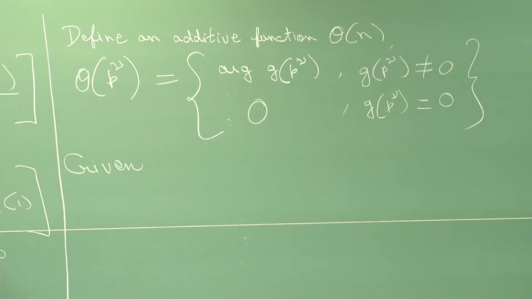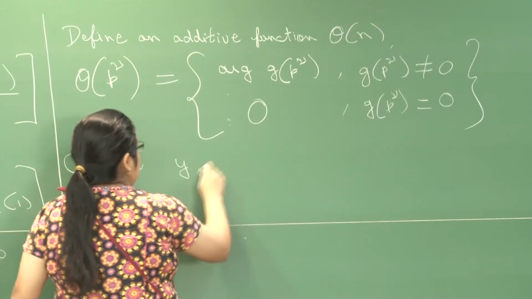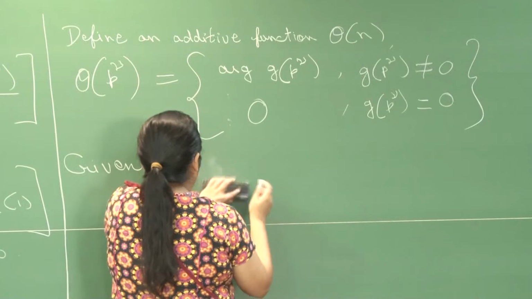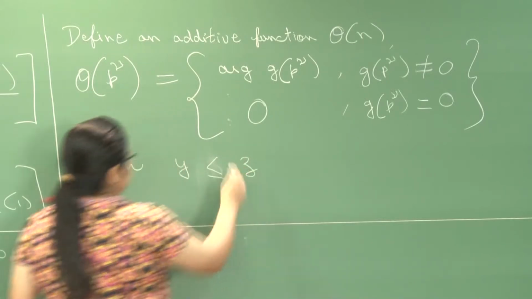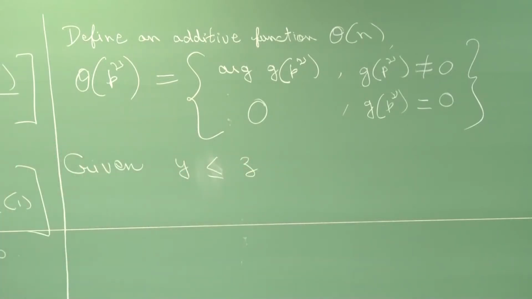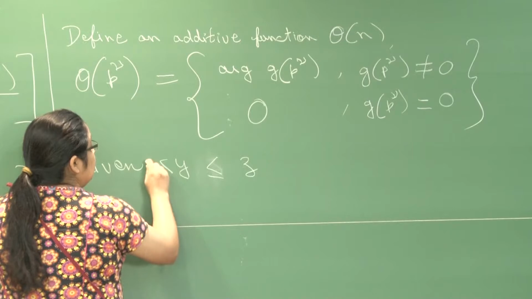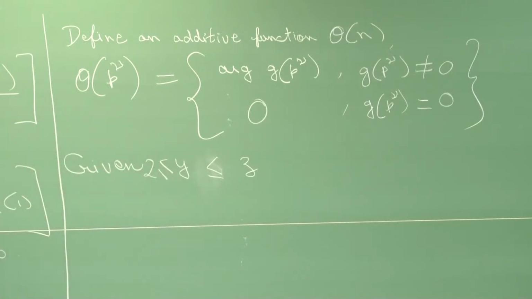Given some y, let's take, without loss of generality, z to be greater than or equal to y, and let us take y to be at least 2, so that you would have some Euler factors or some prime powers to take into account.